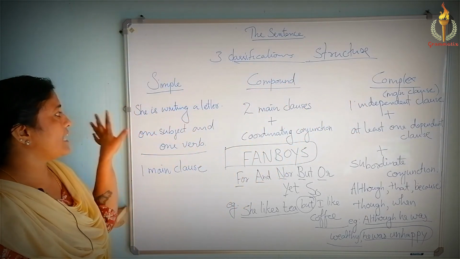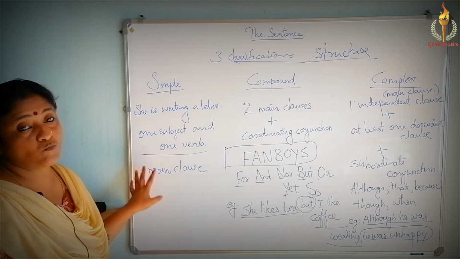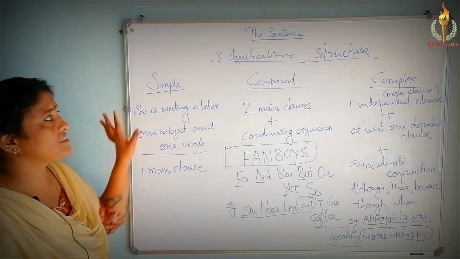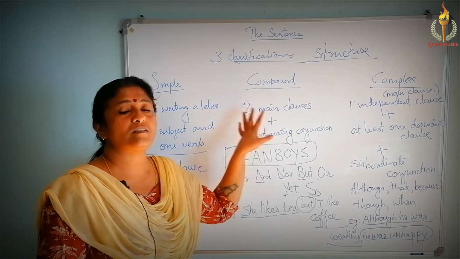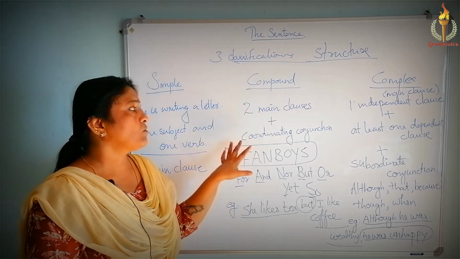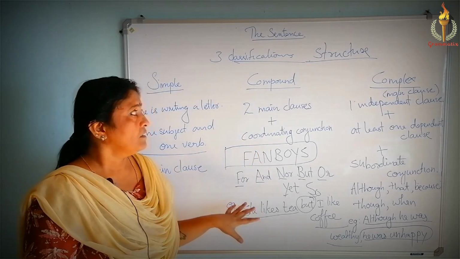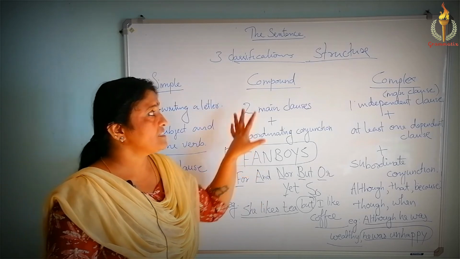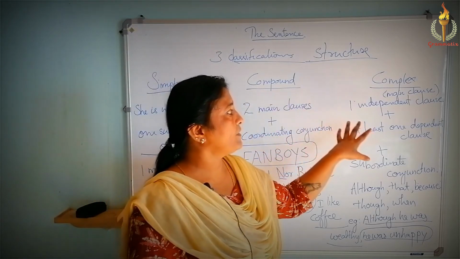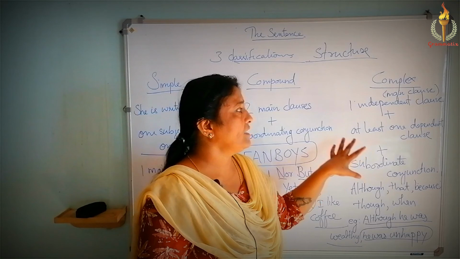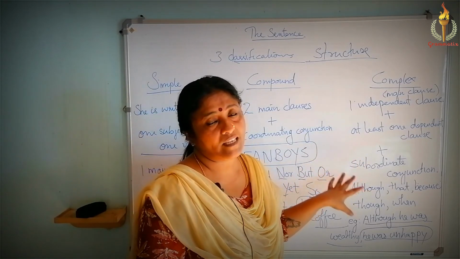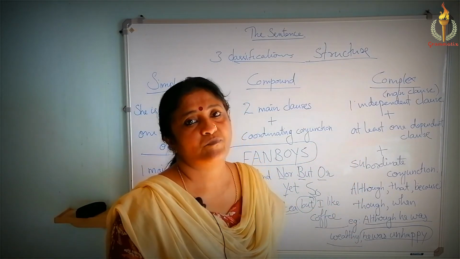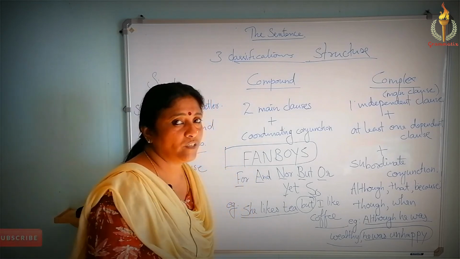Simple sentence having one subject and verb, that is one main clause, it gives complete sense. Compound sentence, two main clauses joined by a coordinating conjunction, then it gives complete sense. Then complex sentence, one independent clause plus at least one dependent clause joined by a subordinating conjunction. So this is what we did today.